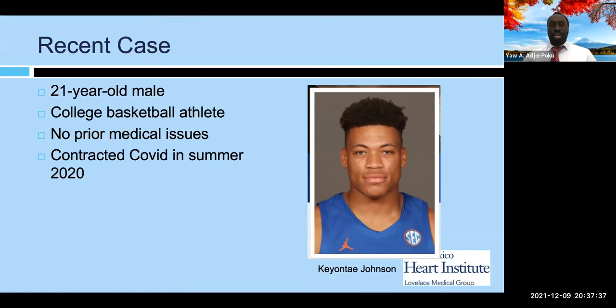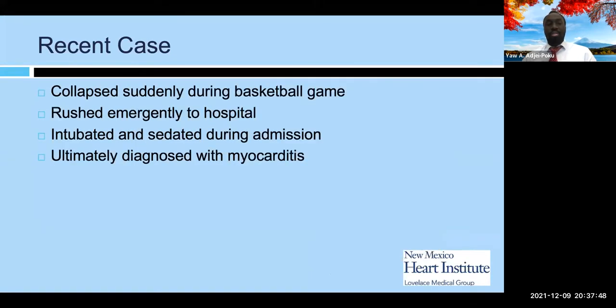It was early on in the basketball season when he was playing after contracting COVID. He had recovered, everything was fine, he felt well. And unfortunately, he collapsed suddenly during a basketball game. He was rushed emergently to a hospital. Initially, during his presentation, he was intubated and sedated, and ultimately he was diagnosed with myocarditis.